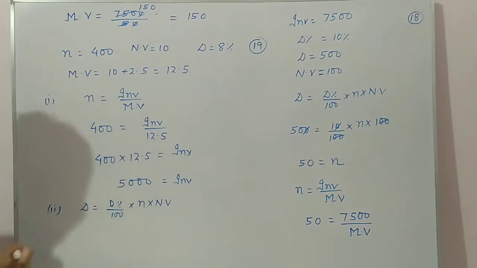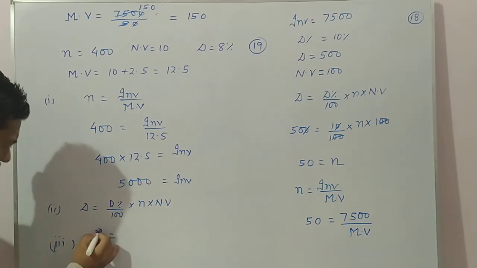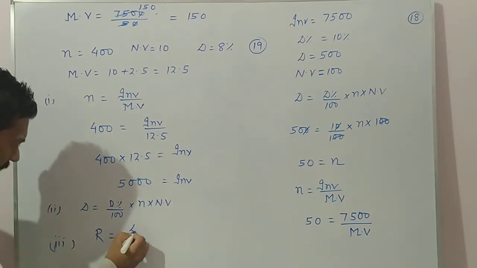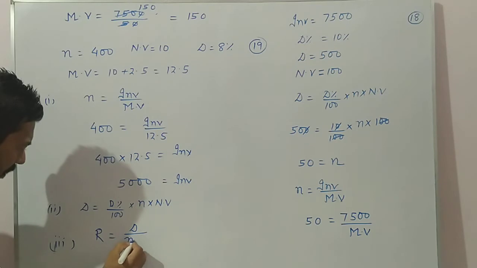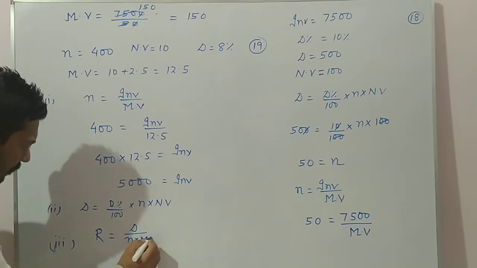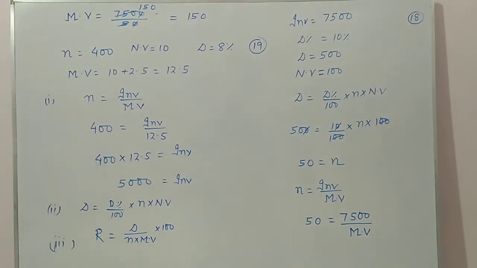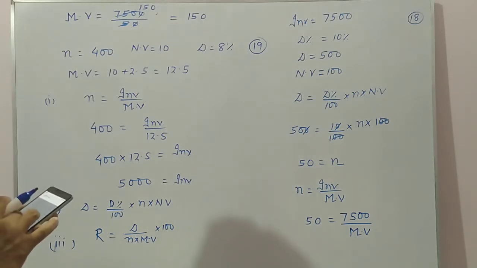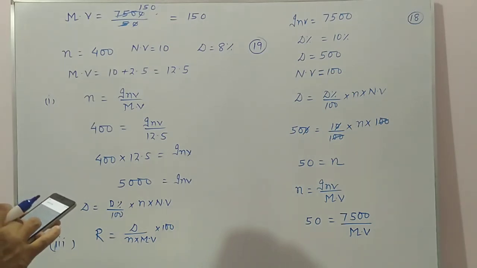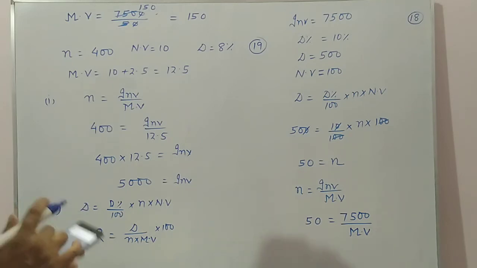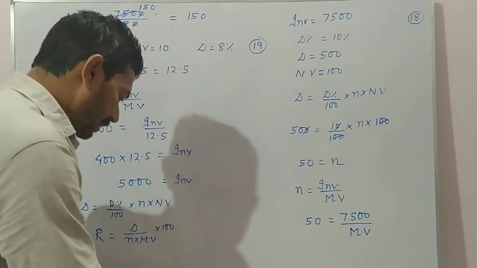Ultimately the third part is percentage yield, that is dividend by number of shares into market value into 100. So it is completely based on formulas. This part is clear.